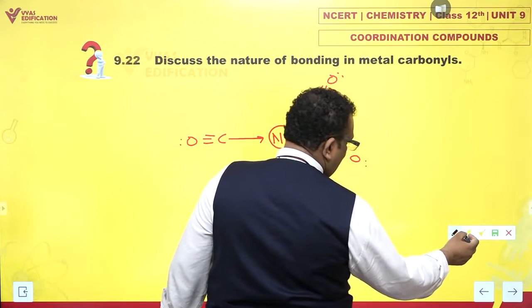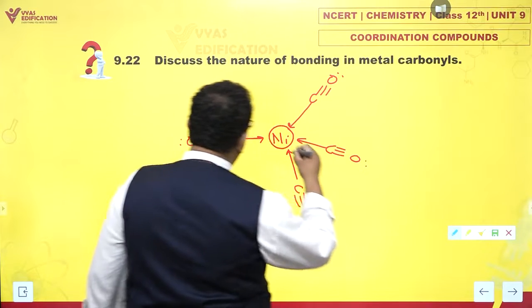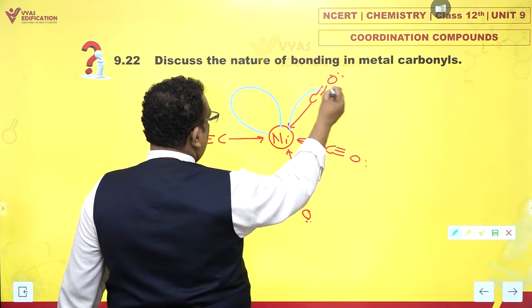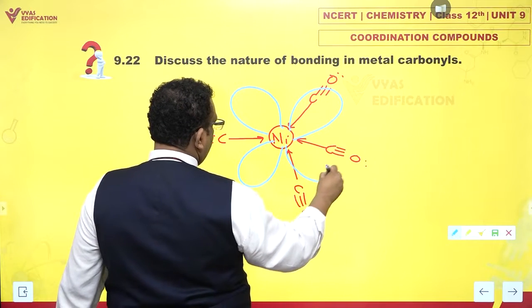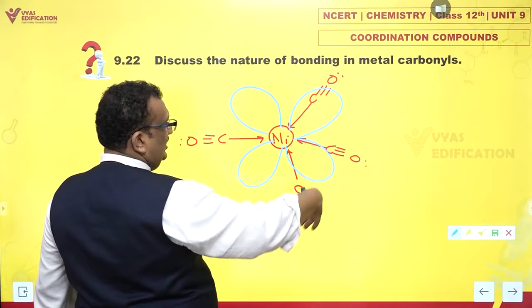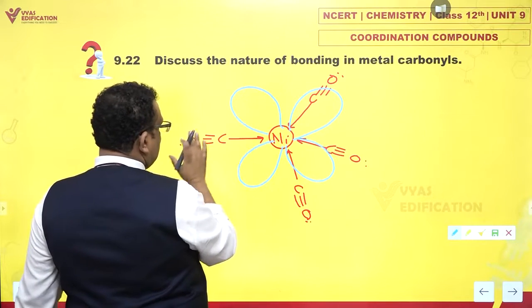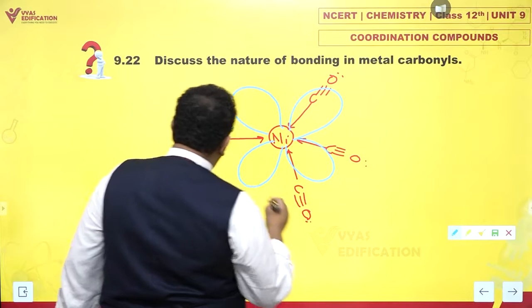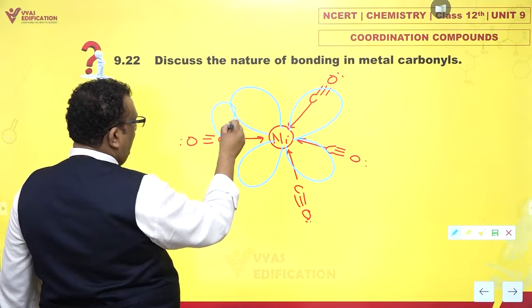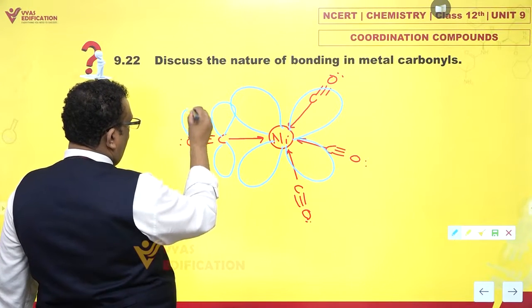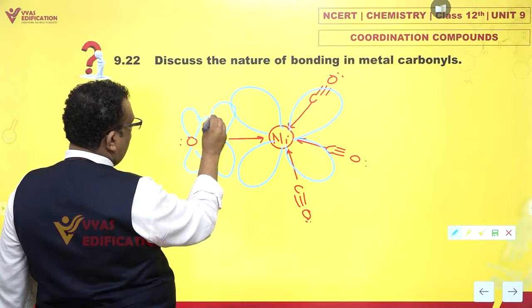And how does it give back? Let me demonstrate with one diagram. This is a d orbital of nickel. Don't look at these three carbon monoxides, just look at this and this. Fine. And you have carbon, you have a pi bond also here, right? Like this.